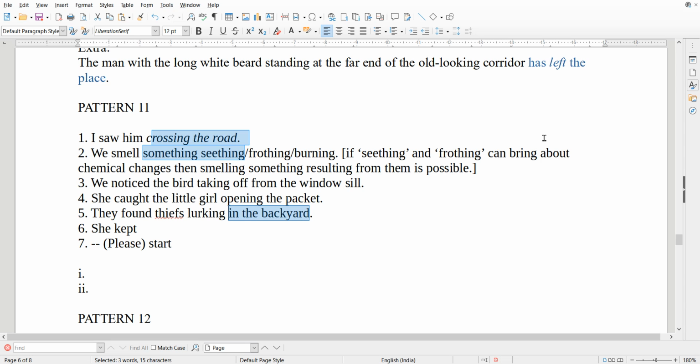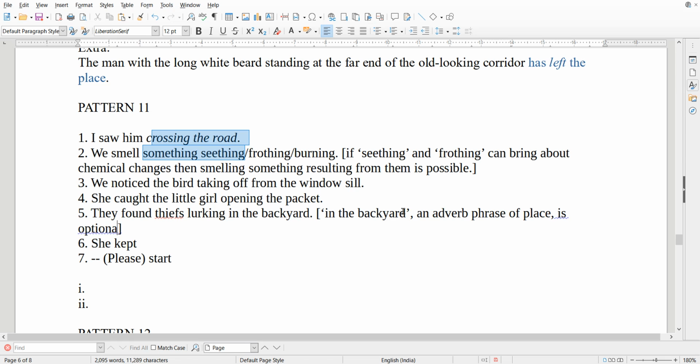Or hiding in the backyard. They found the thieves hiding, that's also possible. Lurking, that's also possible. Okay, in the backyard is optional. Adverb phrase of place, you can call it. It is optional.